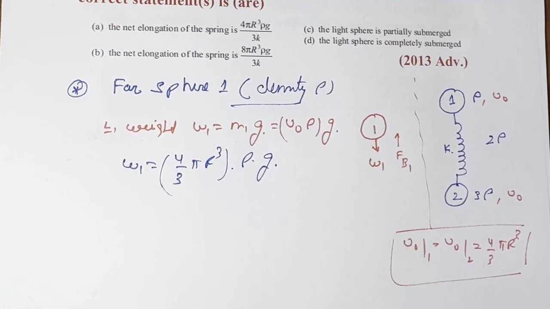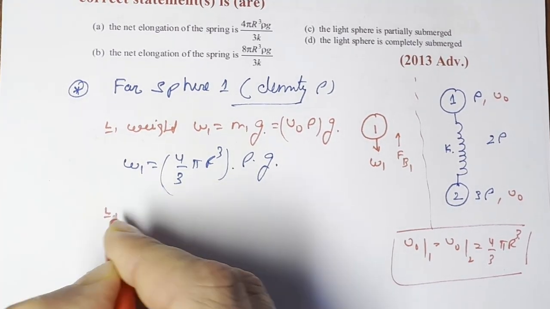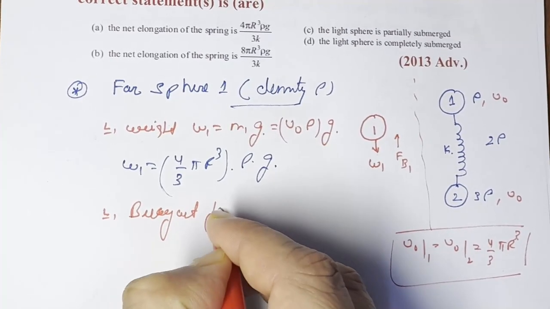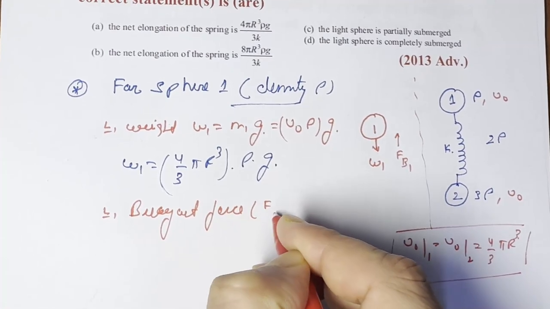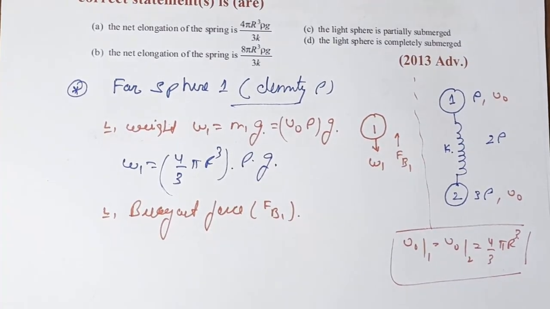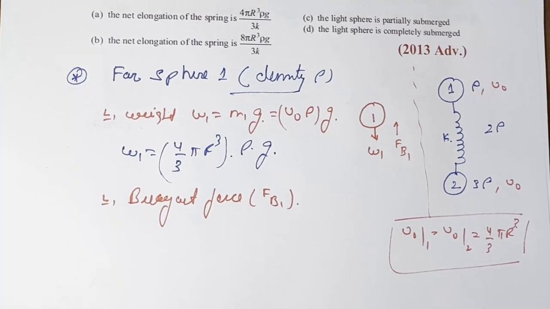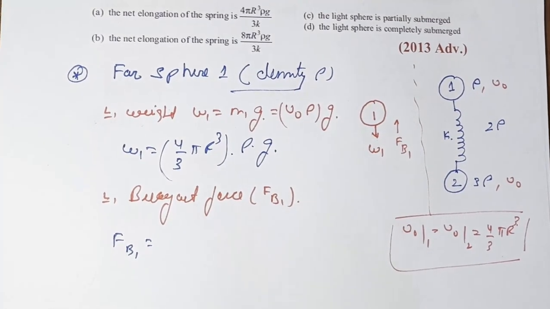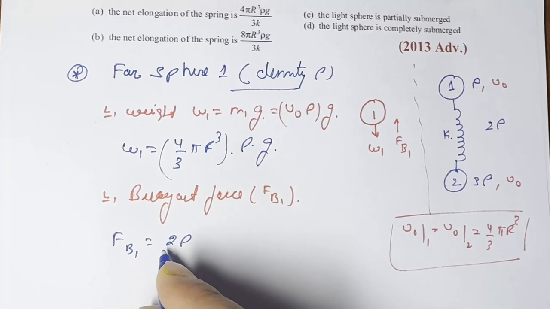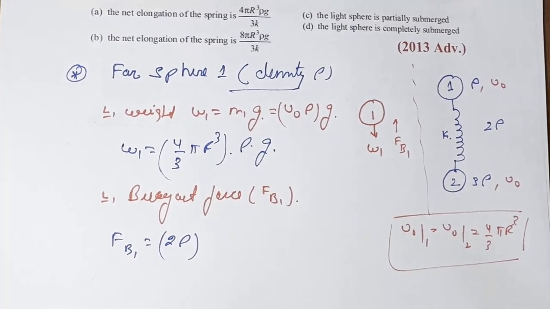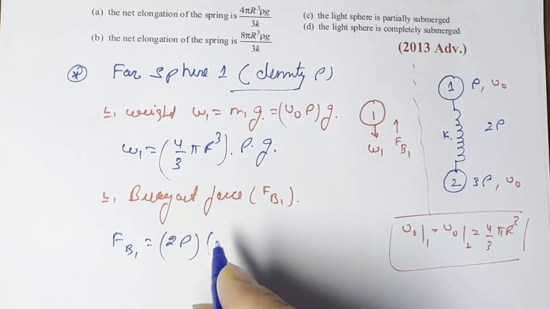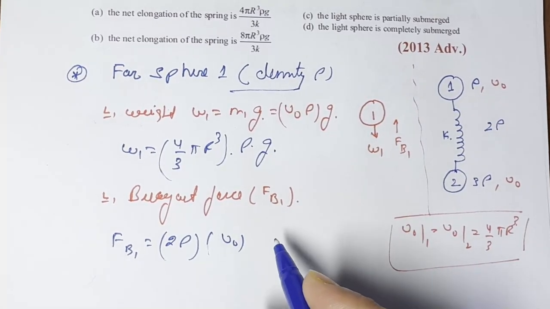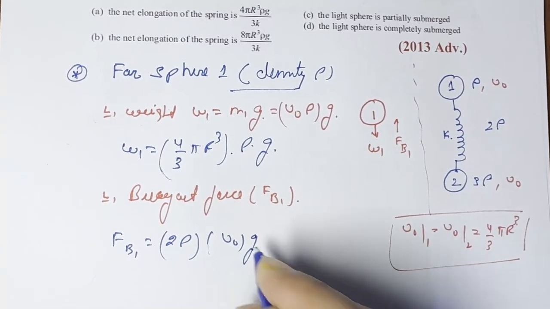Then we can find out the buoyant force. Let us call this FB1, and FB1 will be equal to the density of the liquid, that is 2 rho, times V0, the volume of sphere 1, multiplied by g.